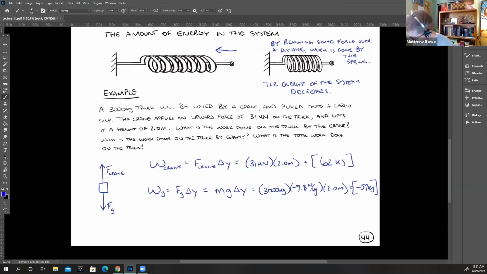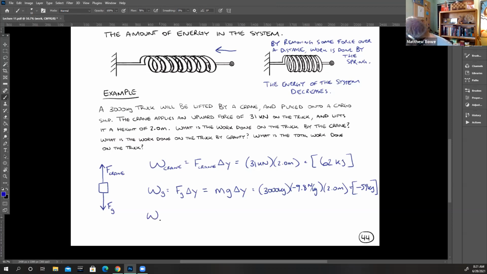Okay. And finally, what is the total work done on the truck? That's where we just add up all of the work from all of the forces that are at play.